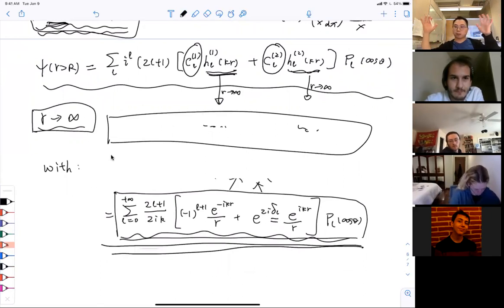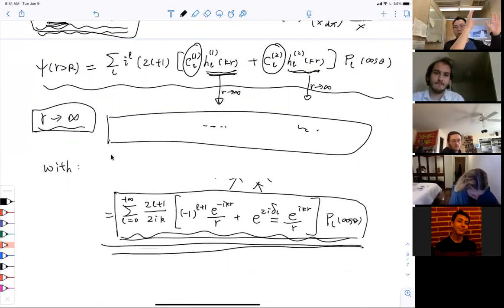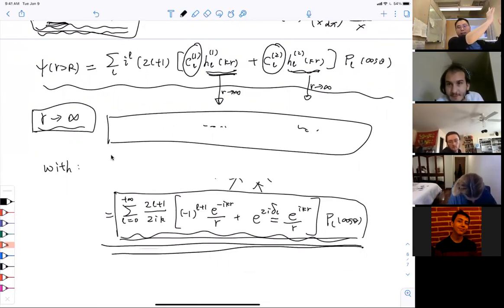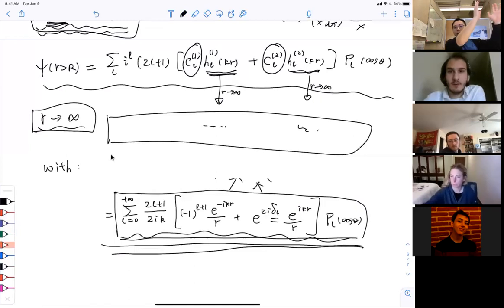Then we solve the Schrodinger equation for r larger than capital R, and match the boundary condition at infinity. Then we transfer the delta L dependence to the wave function in the r larger than capital R regime, and then match the boundary condition at r equal to capital R and determine the phase shift. That's the philosophy.